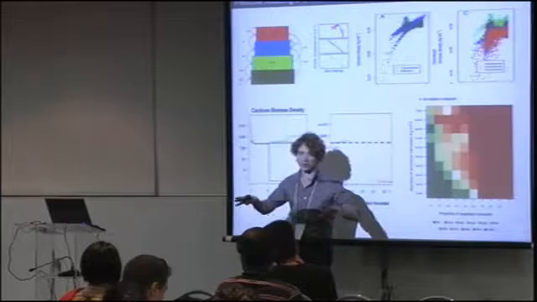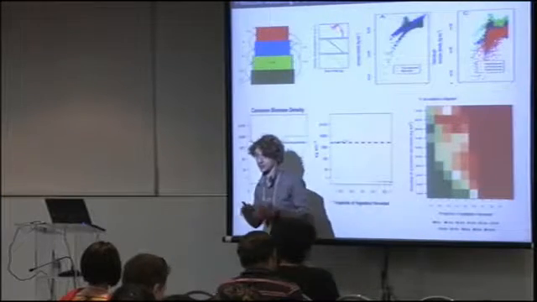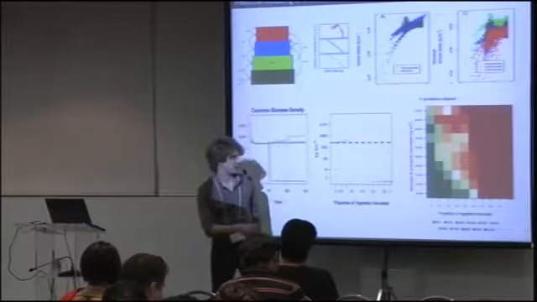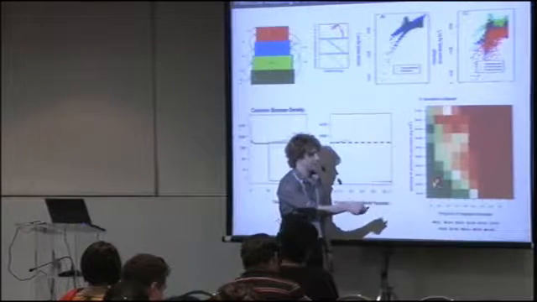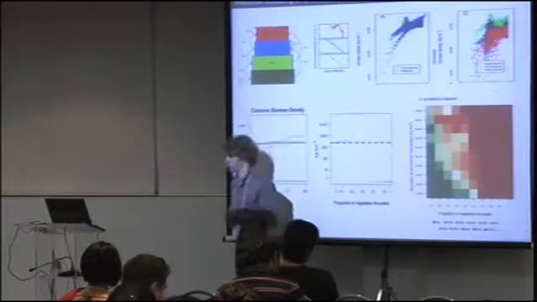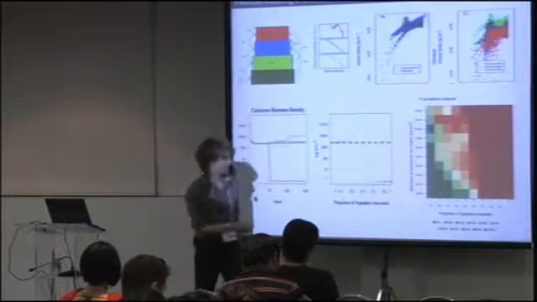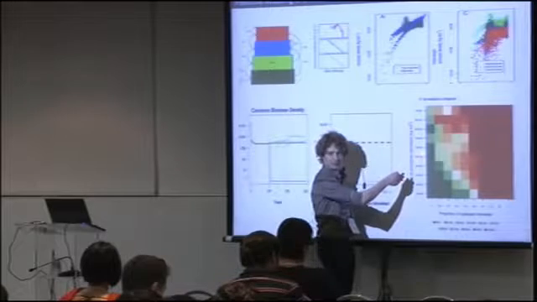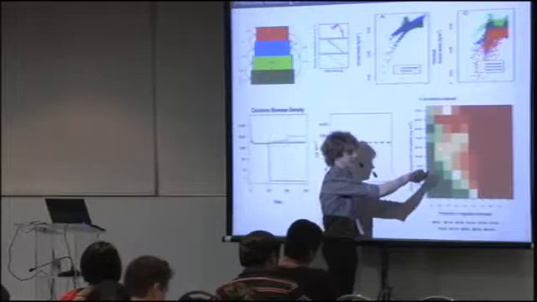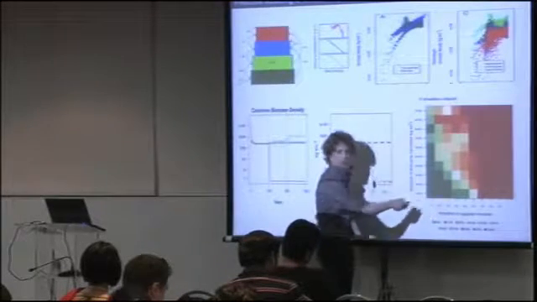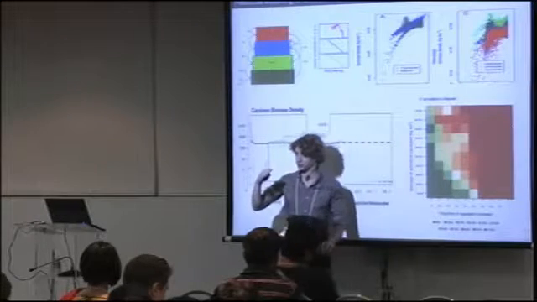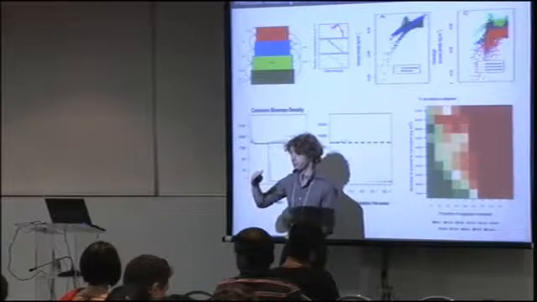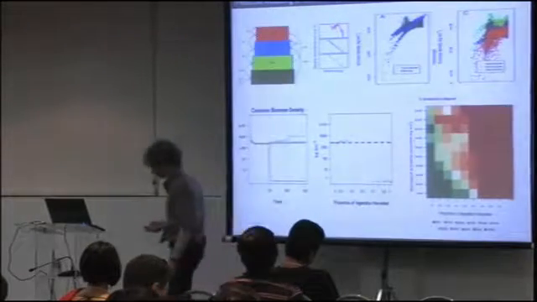So this is people going in and harvesting mammals, for example, from the ecosystem. And then the color scheme here is the proportion of simulations in which the ecosystem collapsed. And you can see that if we have harvesting of wild animals, then we can see an ecosystem collapse with much less HANPP. So one form of pressure on the ecosystem makes it more sensitive to another form of pressure.